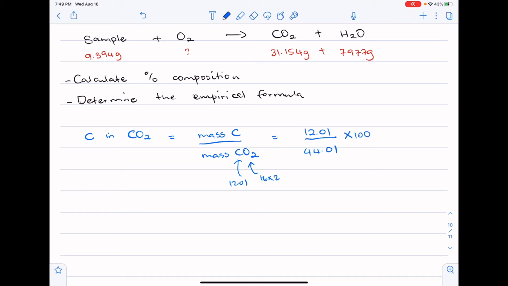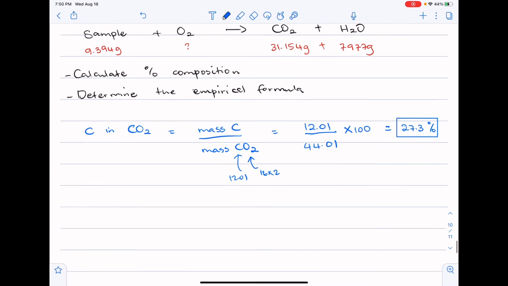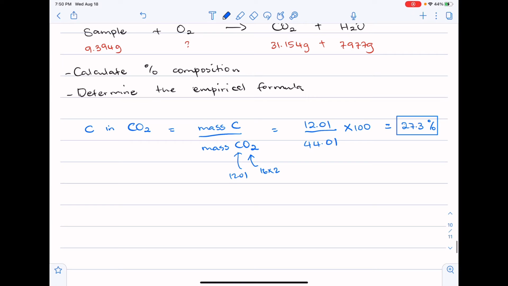Multiply that by 100 to get the percent composition. We do the same thing for hydrogen: hydrogen in water equals the mass of H divided by the mass of H2O. That would be 1.01 times 2 divided by 18.02. And then to get the percent, we'll just multiply that by 100.